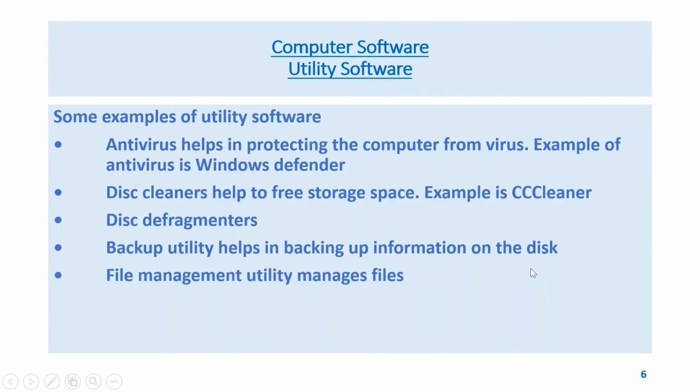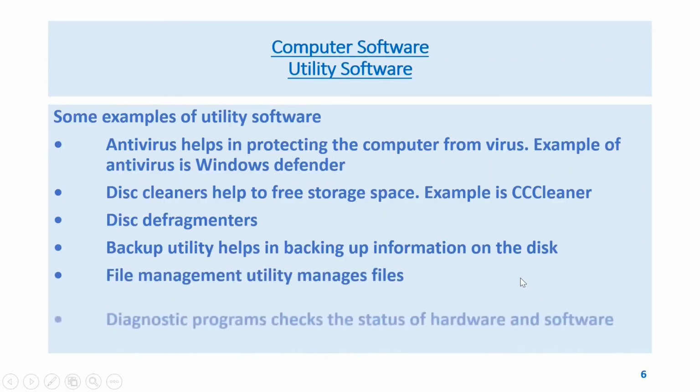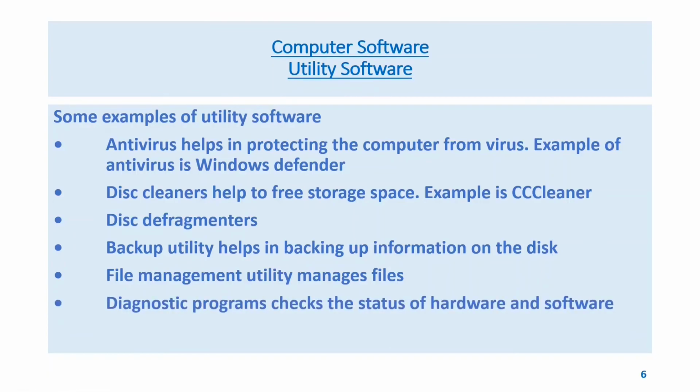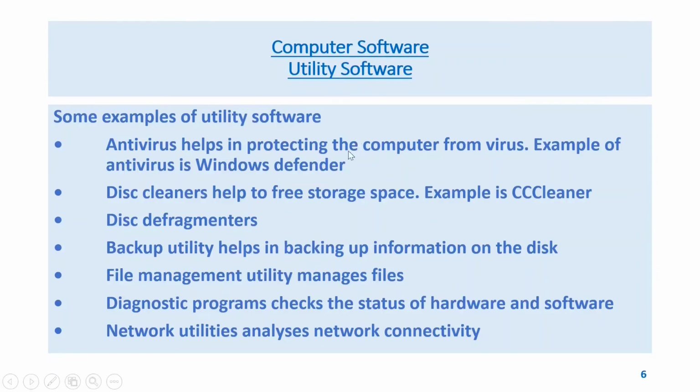File management utility manages files. Diagnostic programs check the status of hardware and software. Network utilities analyze network connectivity. So these are some of the examples of the utility software, which is a system software.